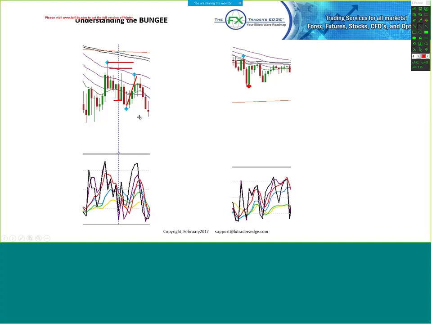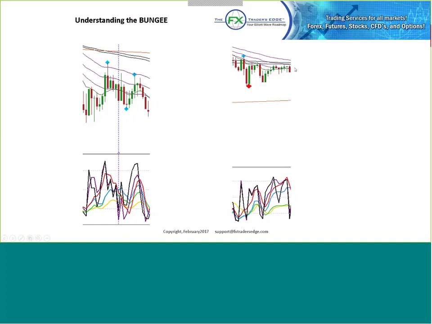It would have become good eventually. But if this is a 4-hour chart, you have to wait a long time. It's over a day of going a lot of pips negative before the trade comes good. Yeah. So watch for that blue bungee. Yeah, that doesn't turn over. It's not a proper snapback. You need the blue bungee to snap back.